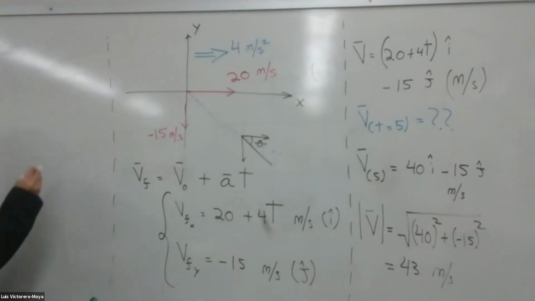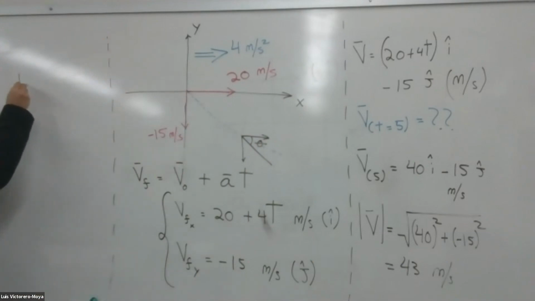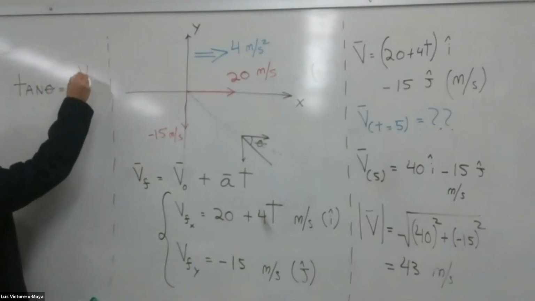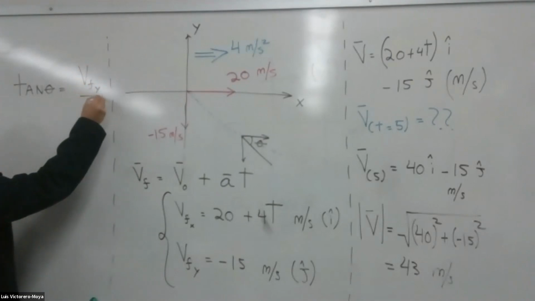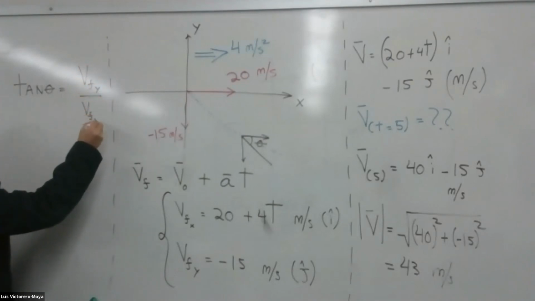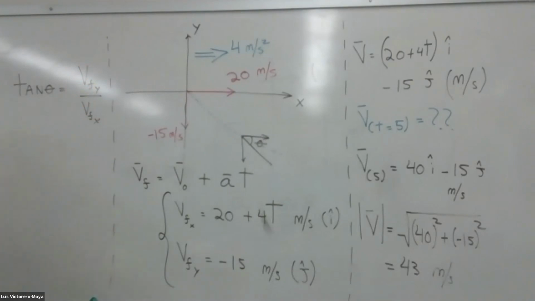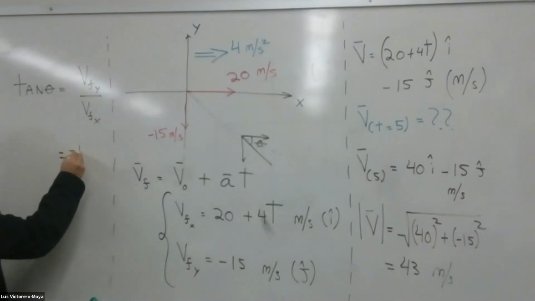To find the angle theta, you say that tangent of theta is equal to Vy, or V final on Y, over V final on X, or Vy over Vx, that's fine. And I have Vy over Vx is minus 15 over 40.